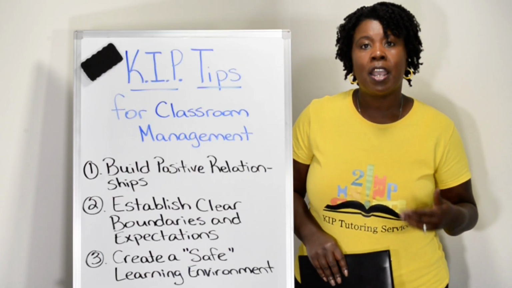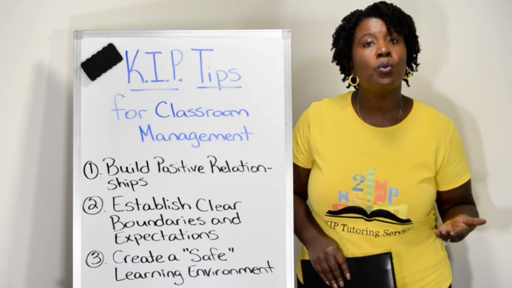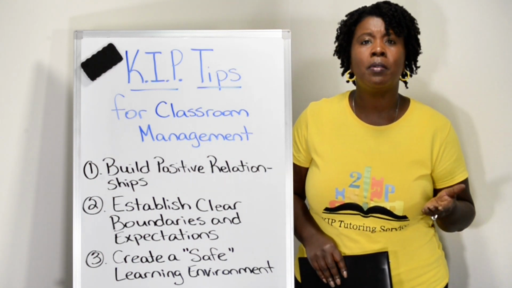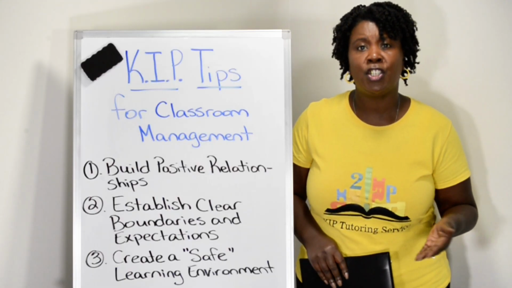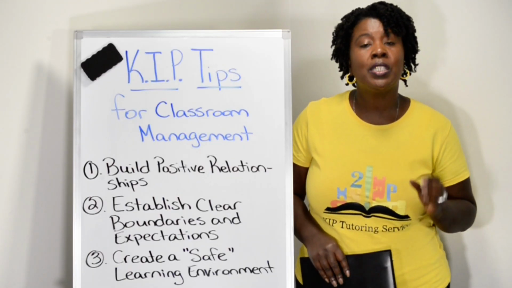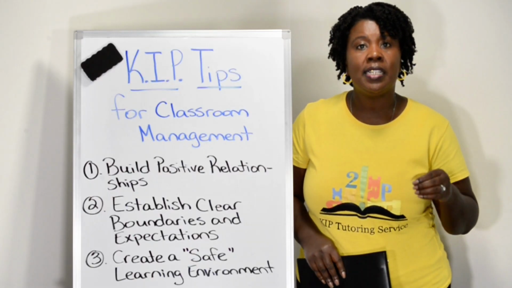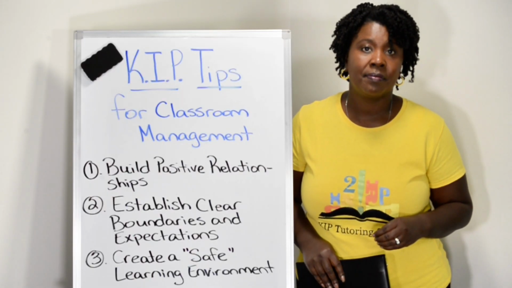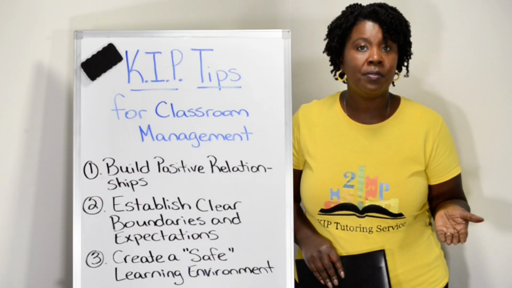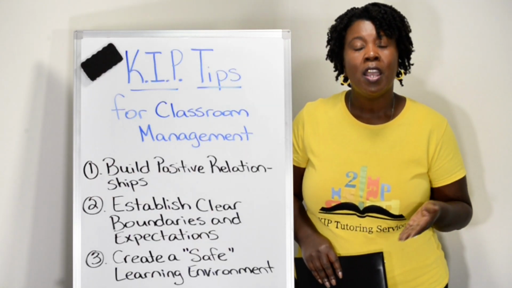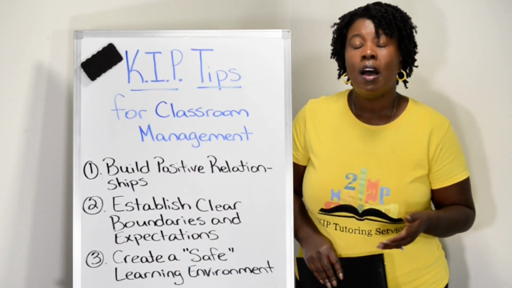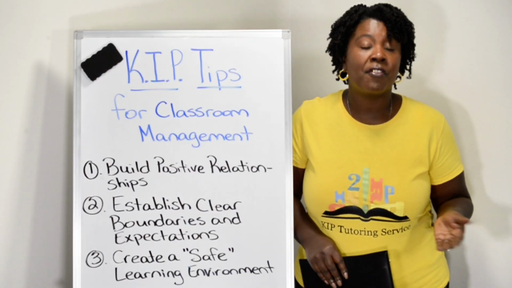Now, I am a former special education public school teacher, and so my class size was very small compared to my general education colleagues. And so I was able to celebrate each student's birthdays individually. What did I do? Well, I went and got a poster, a happy birthday poster, from Dollar Tree. You can go to Walmart, or you can order it online from Amazon.